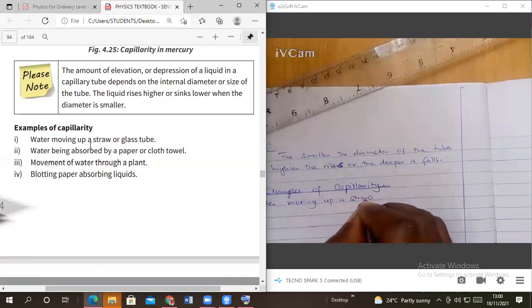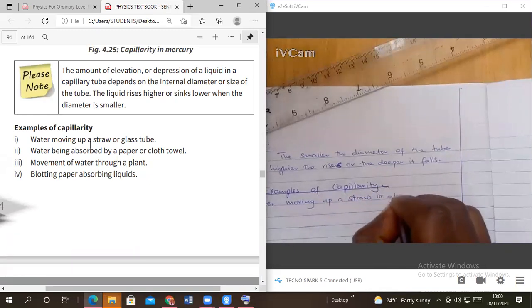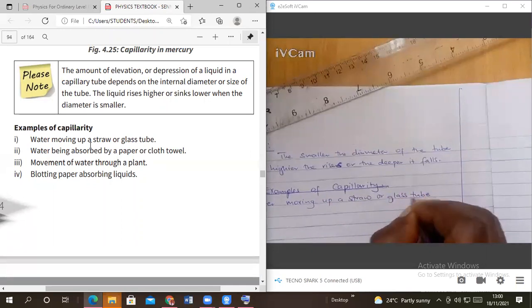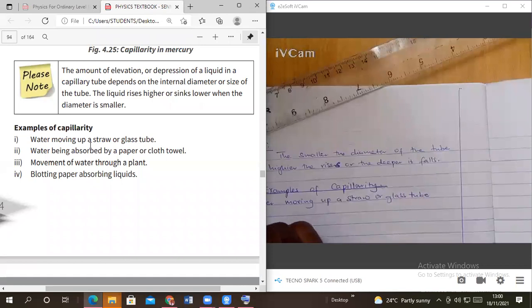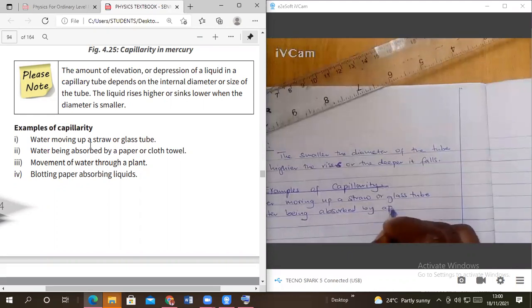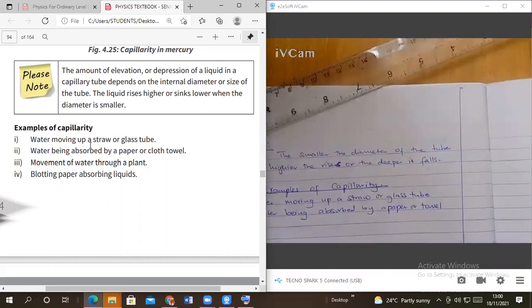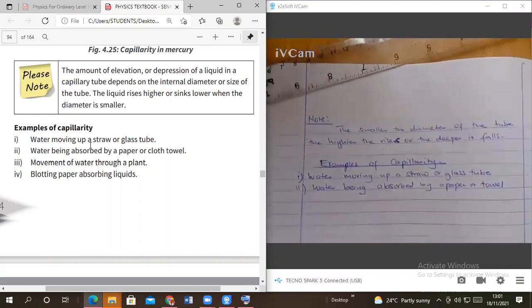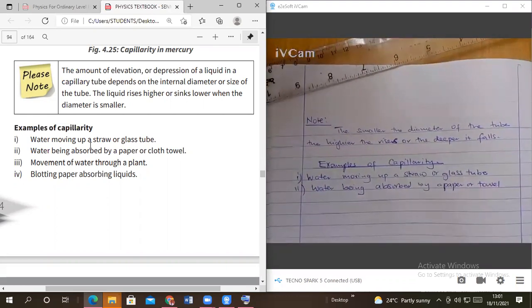So water rising up in a straw or glass tube is an example of capillarity. 2, water being absorbed by paper. Now, when you put a towel in water, after some time it will be what? It will be wet, isn't it?